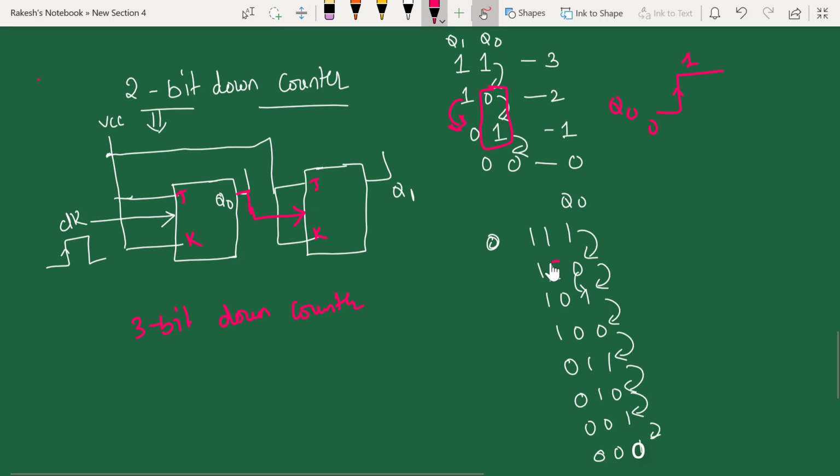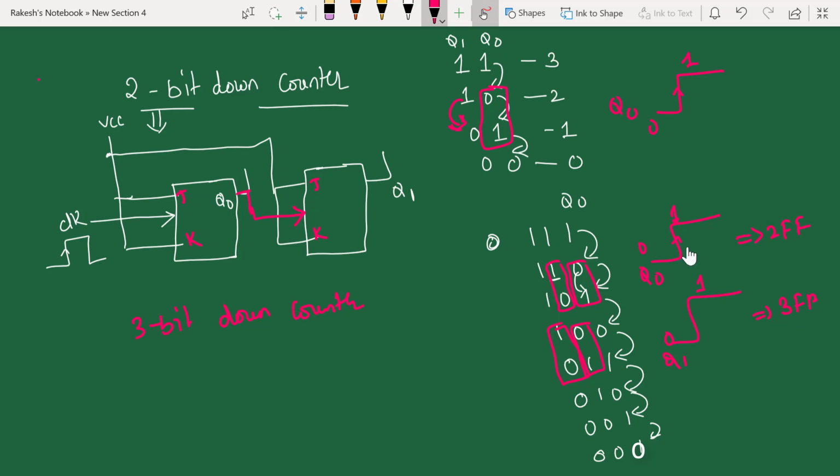Your second flip-flop is toggling from 1 to 0 whenever your first flip-flop toggles from 0 to 1. Similarly, the third flip-flop is toggling from 1 to 0 whenever your second flip-flop moves from 0 to 1. Whenever your Q1 moves from 0 to 1, your third flip-flop is toggling.